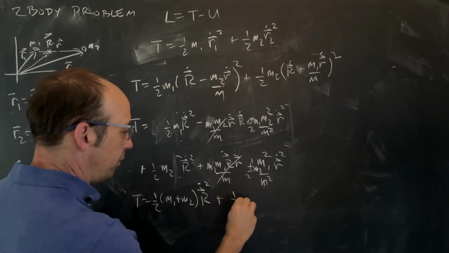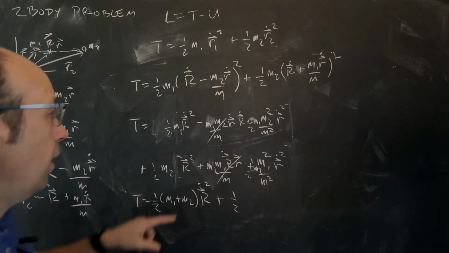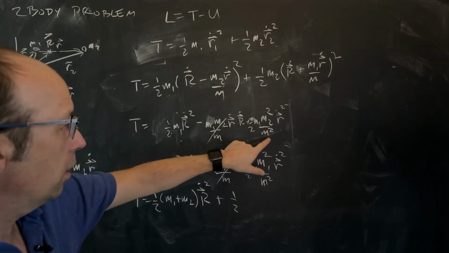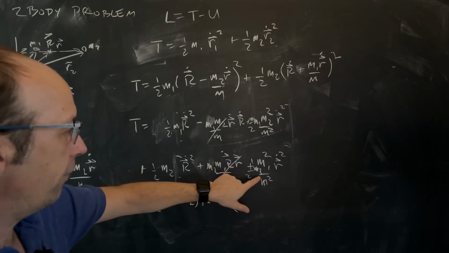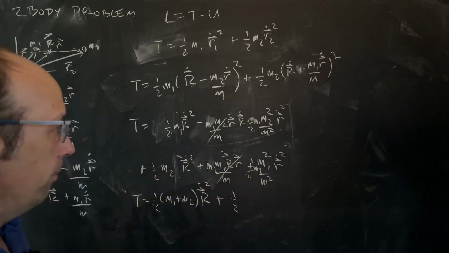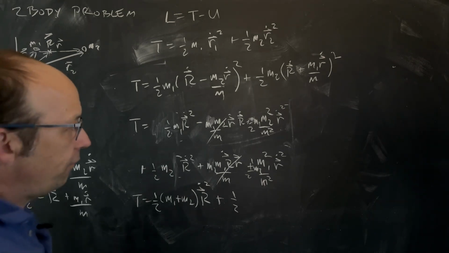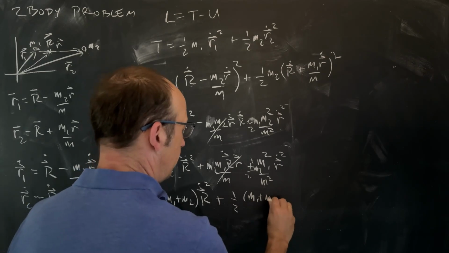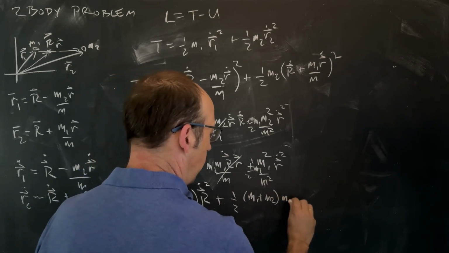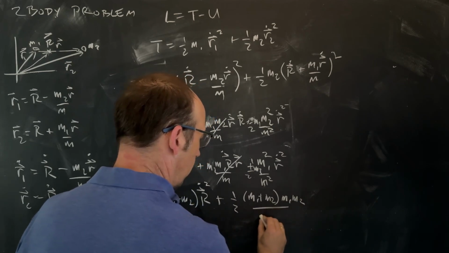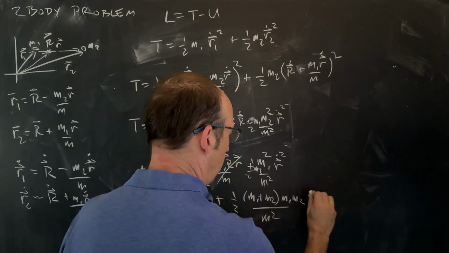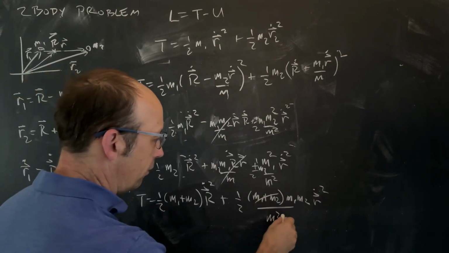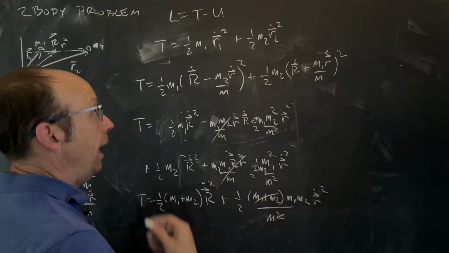And then the other term I have is plus 1/2, okay, so here I have these two terms: 1/2 m1 m2 squared over m squared, and 1/2 m2 m1 squared over m squared. So I can factor out an (m1 plus m2) times m1 m2 over m squared r dot squared. That's a tough one. Okay, but you can see that. And then that cancels that, and I get m1 m2 over m times r dot squared, and I did it.